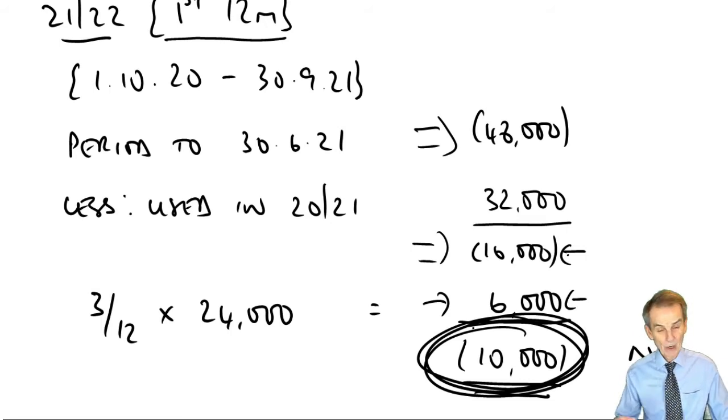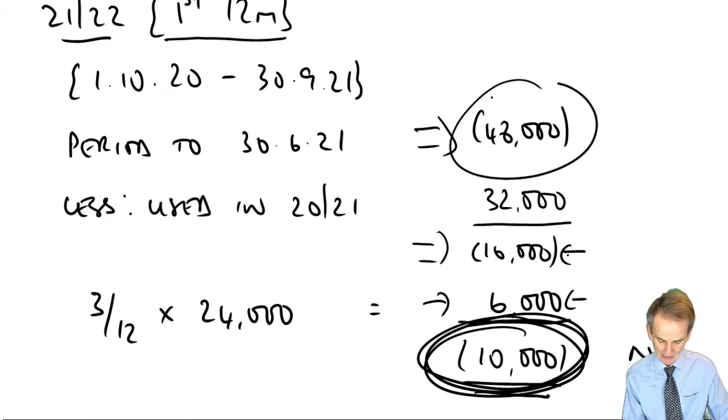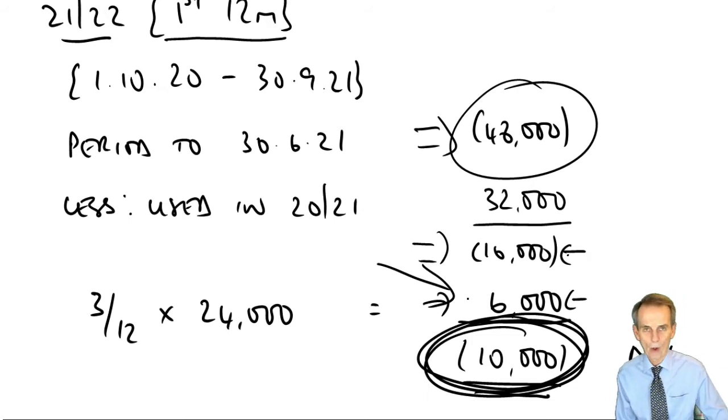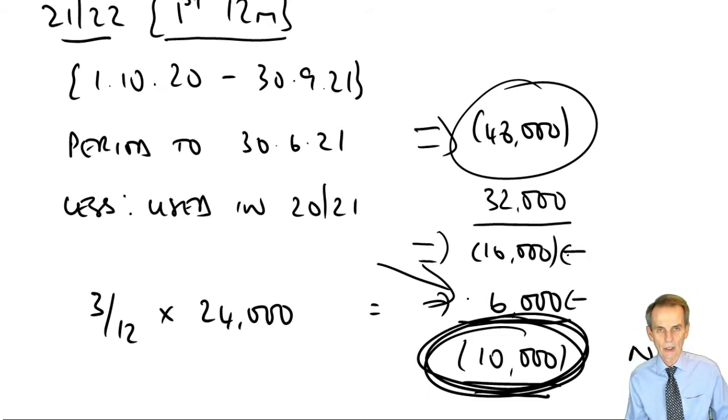Now, of course, 32 plus 10 is only 42, but we made a £48,000 loss. There's a £6,000 difference, because we've just used £6,000 of this loss in removing the profit from this tax year's assessment. So in that way, we will have gained relief overall for the 48,000.